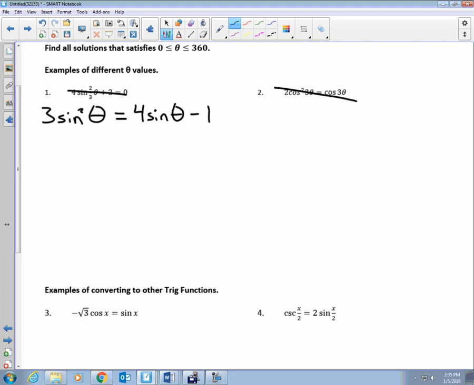Okay, so same type of situation here. I want to subtract everything over, make it equal to 0. So 3 sine squared of theta minus 4 sine of theta plus 1 is equal to 0.